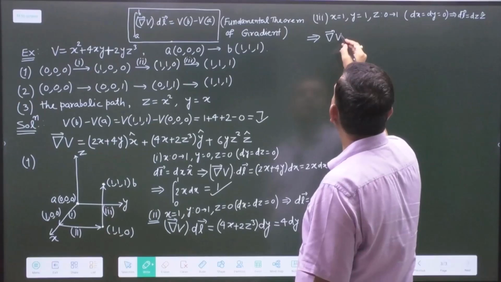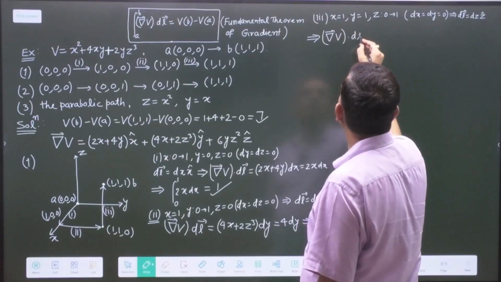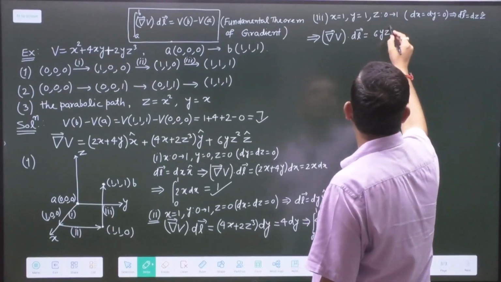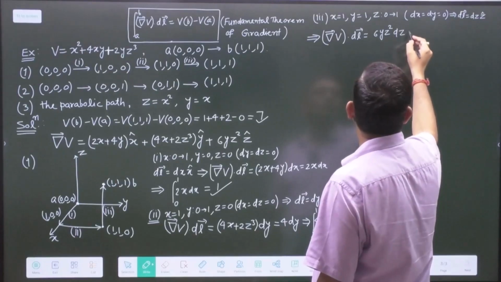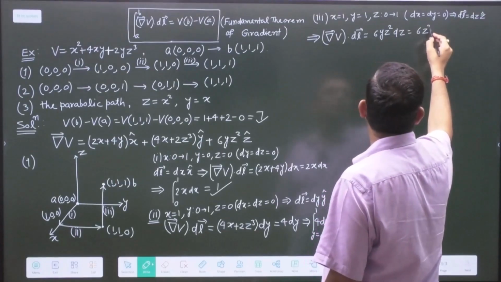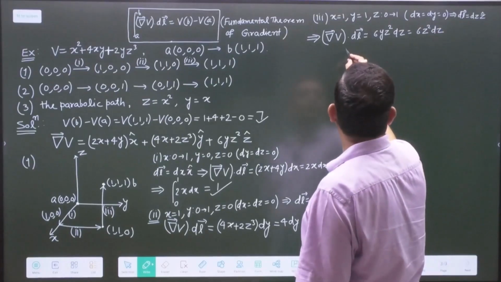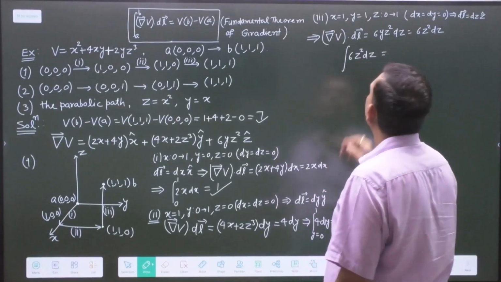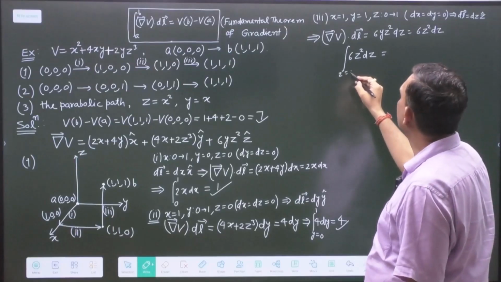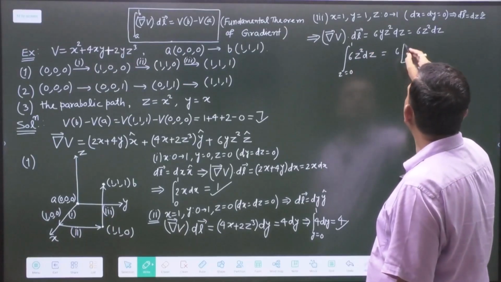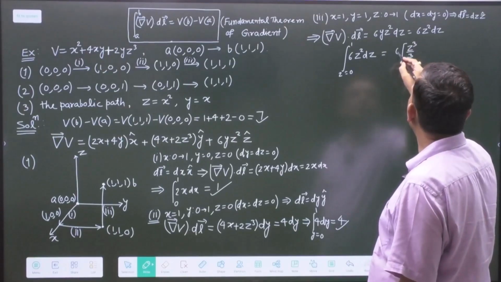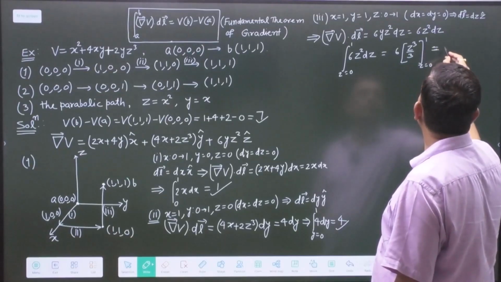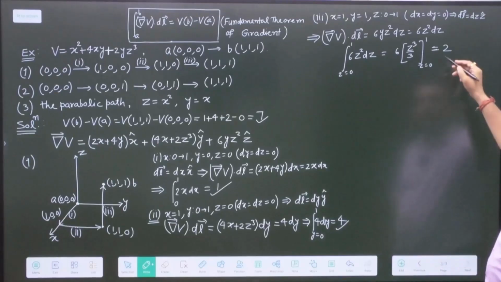Gradient V dot dl is 6yz squared dz, and y is 1, so 6z squared dz. The integral of 6z squared dz is 6z cubed by 3, for z from 0 to 1. So this value is 2.